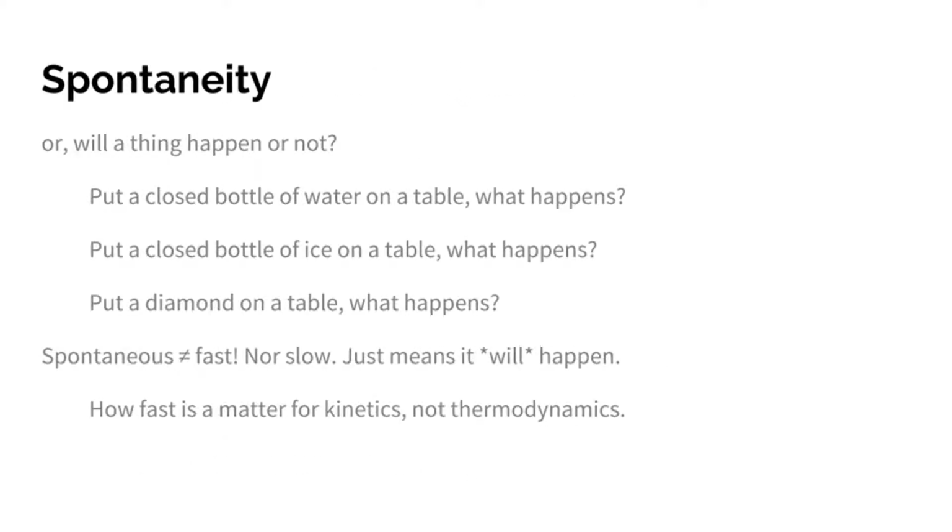And the reason I keep on saying it tends to do something or it's favored is because you have to actually set the thing down and see if anything happens or not to know whether it's going to happen. So if you put a closed bottle of water on a table, what happens? Well, nothing. It's just going to sit there. It's closed, right? The water's not going anywhere.